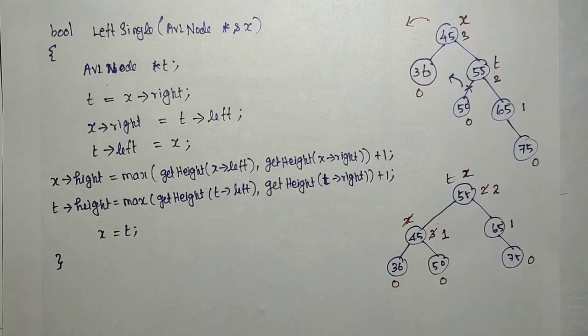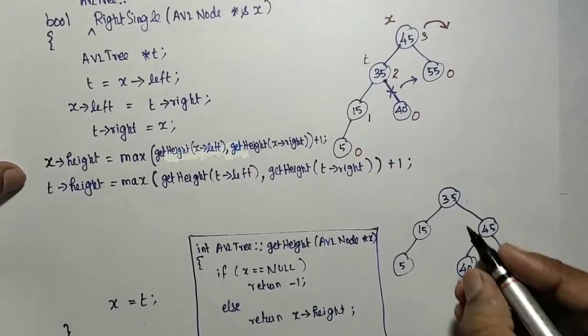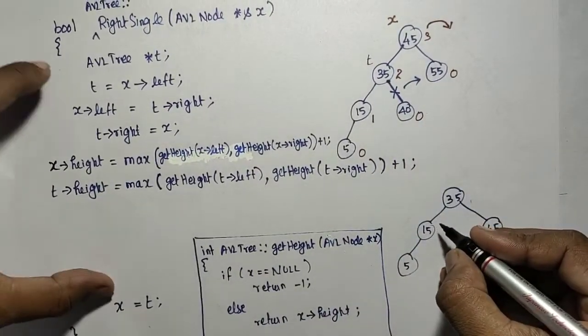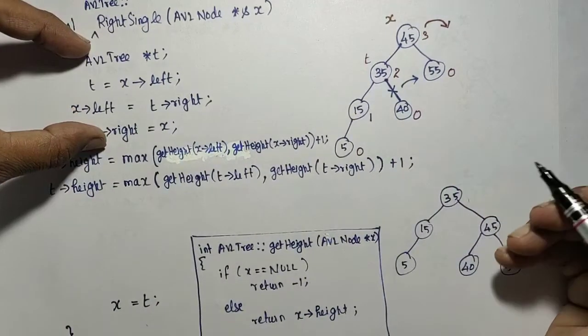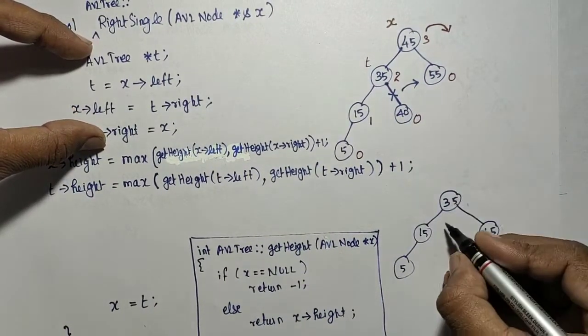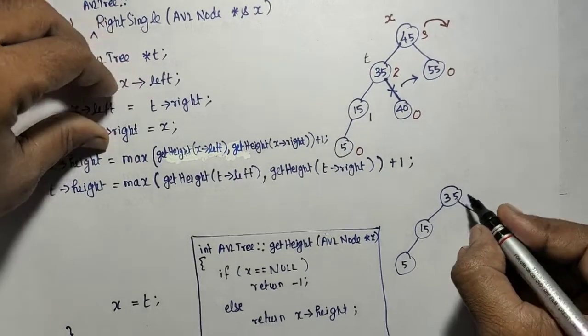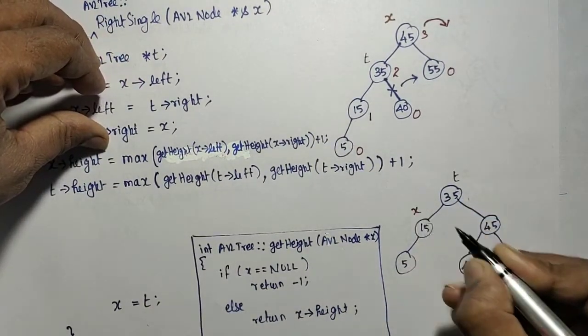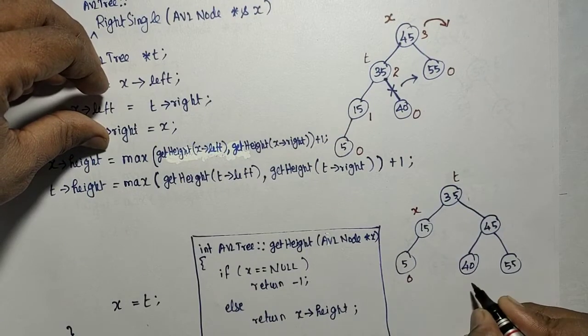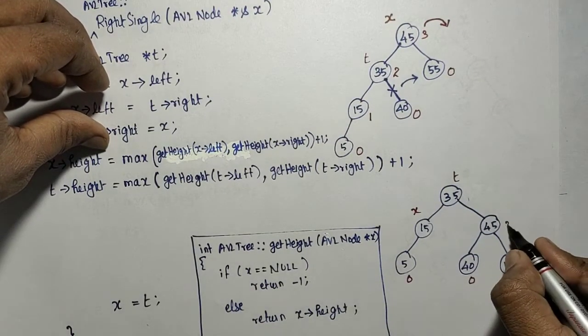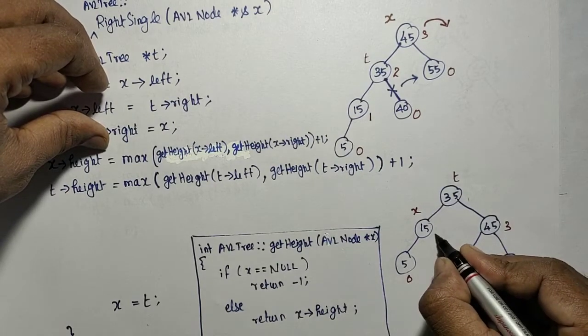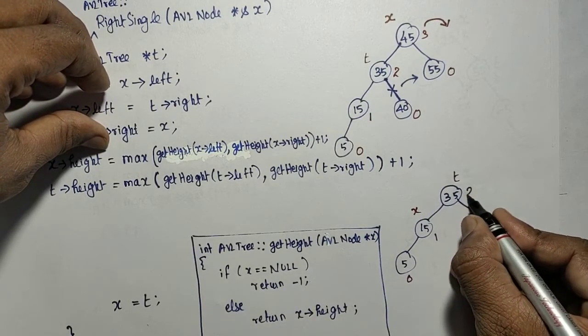So this same thing is happening in the previous example also. Before changing that x and t, x equal to t, that is up to this. In the previous example, this is x, 35 is t, and this is x, and 50 is 0 and 40 is 0, 55 is 0, 45 is actually 3, and the 15 is 1, and 35 is 2.